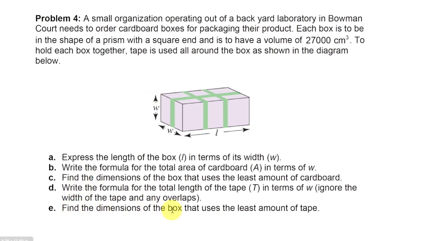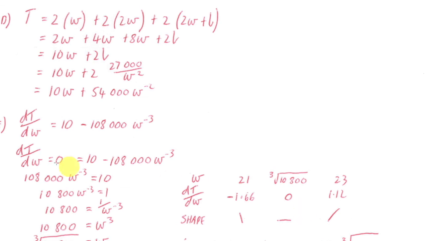Part E, find the dimensions of the box that uses the least amount of tape. So we're talking about the least amount of tape, so we're looking for a local min. So change in tape over change in width is going to equal 10 minus 108,000 W to the power of -3.